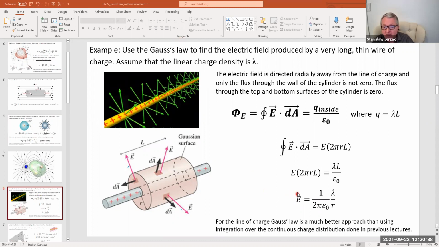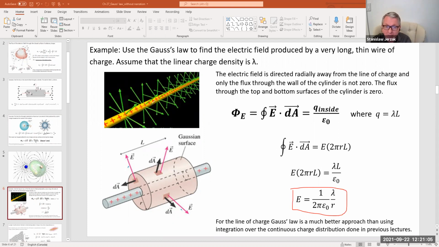But this time, we will use Gauss law, and it will take just 2 lines to get the same result. So instead of pages of calculations, you just write 2 lines and you get the same result. So let us do the calculations.